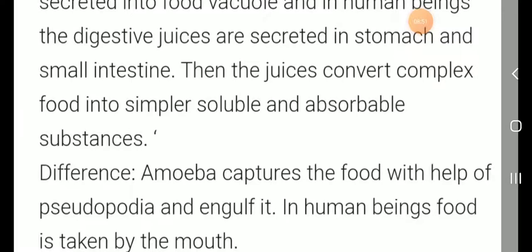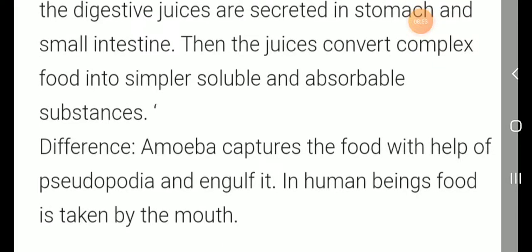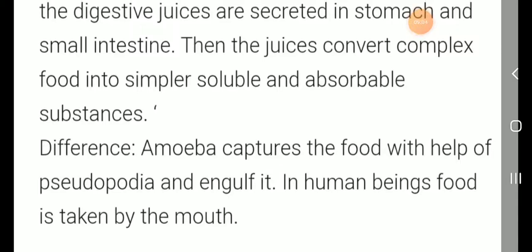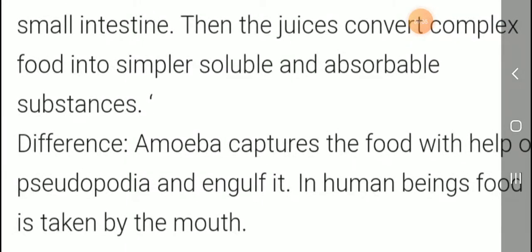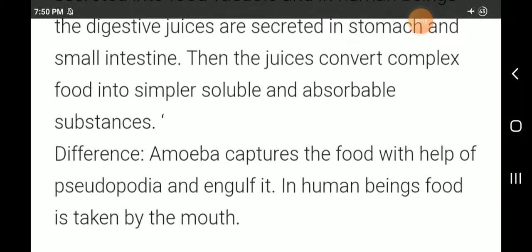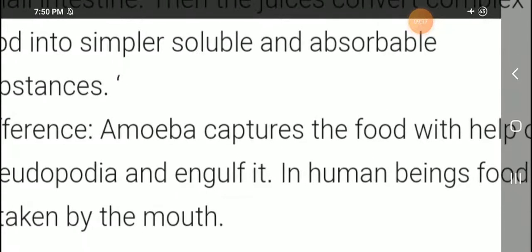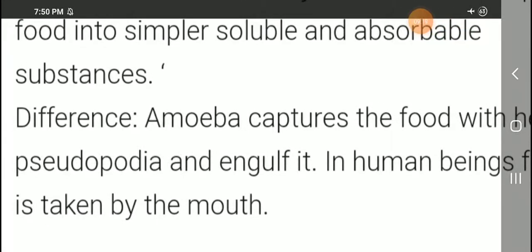Listen, students, difference. What is the main difference? Amoeba captures food with the help of pseudopodia. What do we mean by pseudopodia? Pseudopodia means false feet.